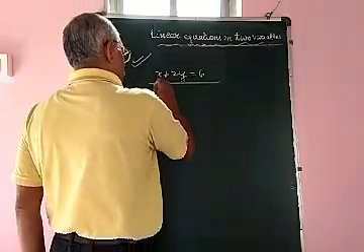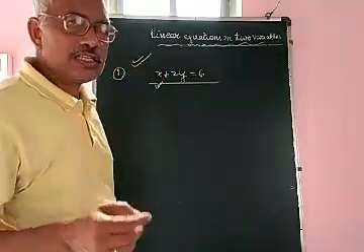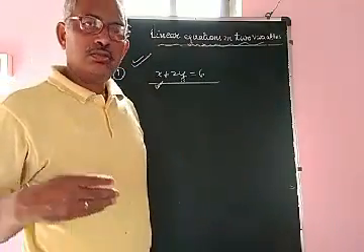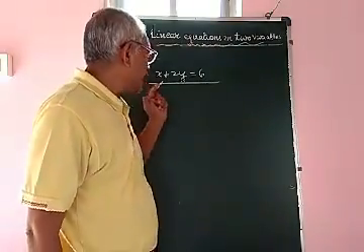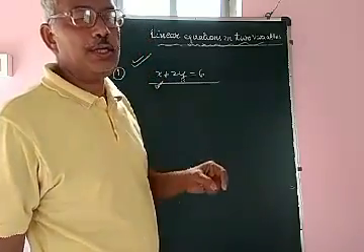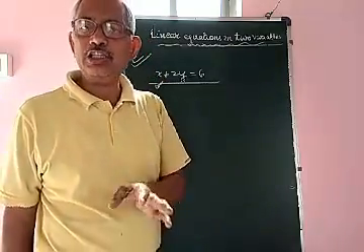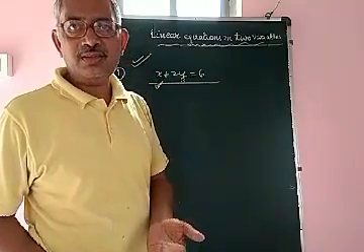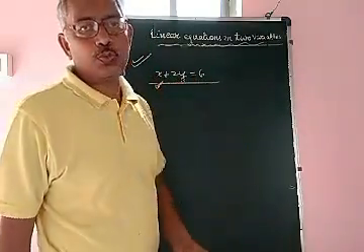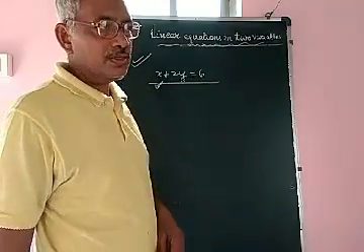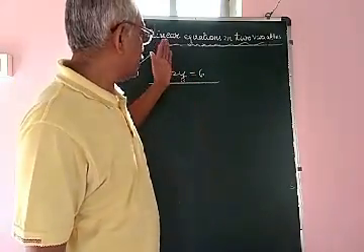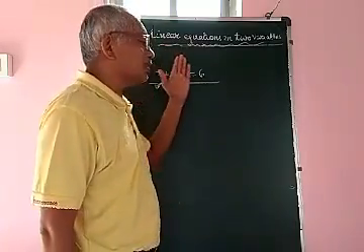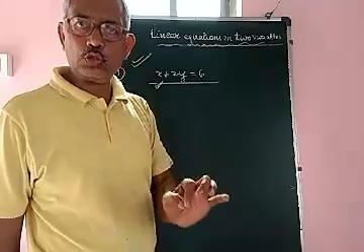In this method, first we take any real values of any one of the variables as you like. Suppose here we put the values of x, and then we find the corresponding values of y. But you can take any real values of y and find the corresponding values of x, and so on.